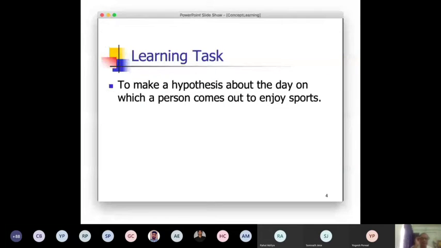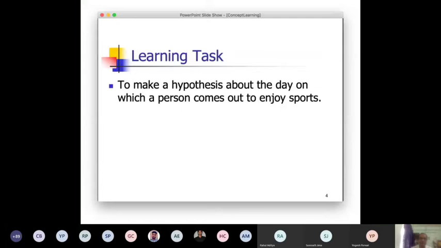So what is the learning task here? We are trying to find out, given those attributes of a day, whether a person comes out to enjoy sports.